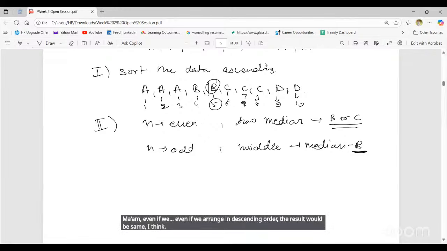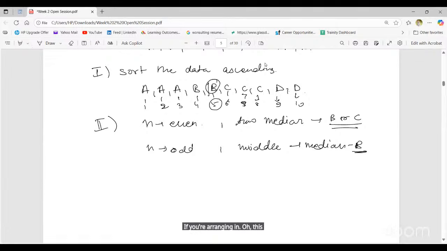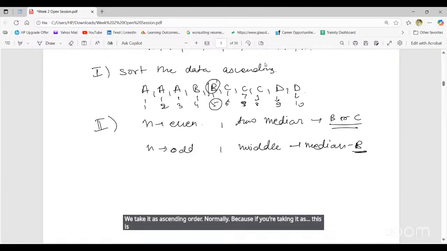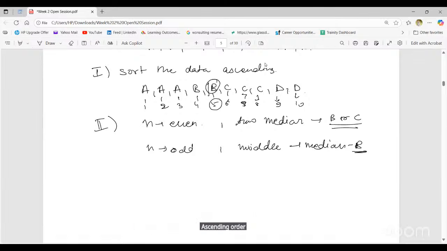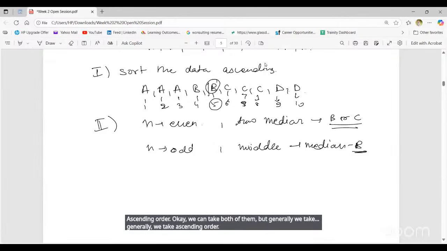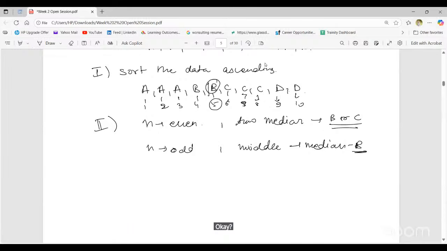Yes, the main thing is it will be, but in general, we take it in ascending order normally. If you're calculating for numerical data or something, we take ascending order. We can take both of them, but generally we take ascending order.